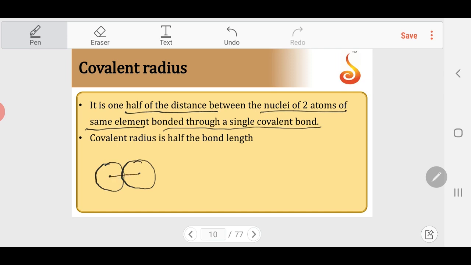This is the bond length. So half of this distance is going to be the covalent radius. So covalent radius is half the bond length of a covalent bond between two atoms of the same element.